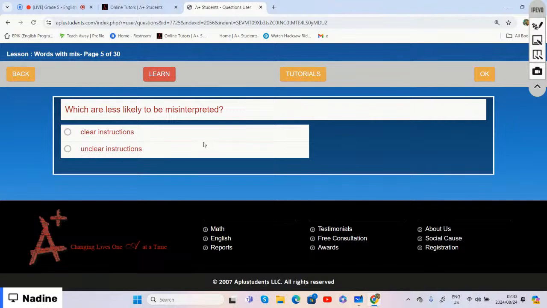All right, and the last one it says, which are less likely to be misinterpreted? Is it clear instructions or unclear instructions?